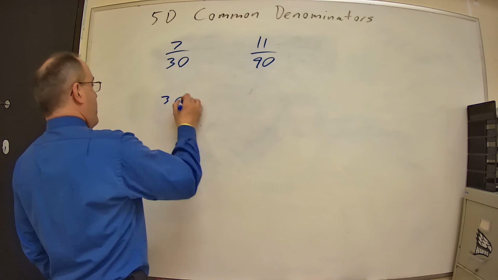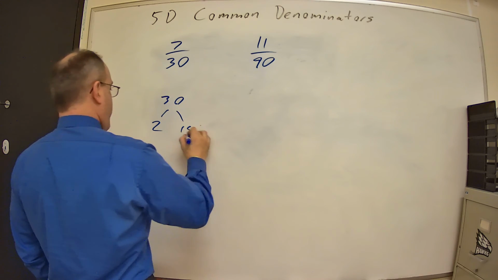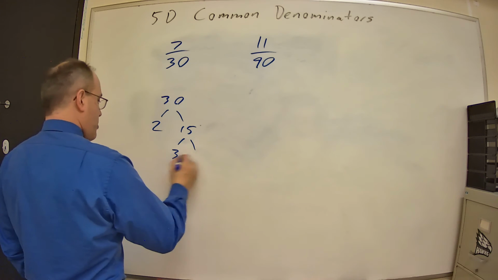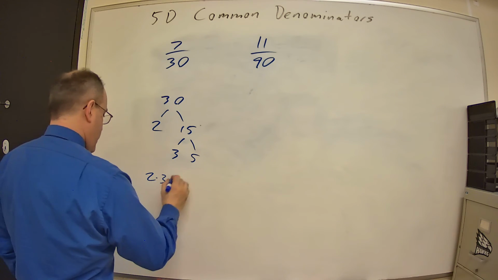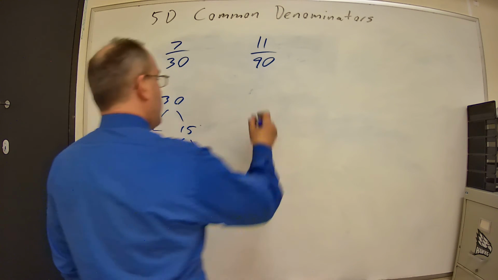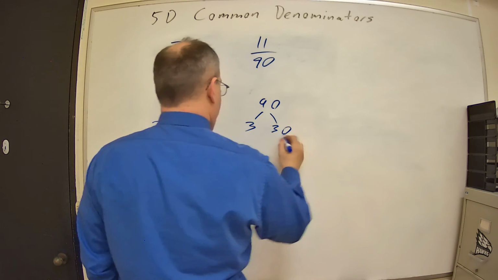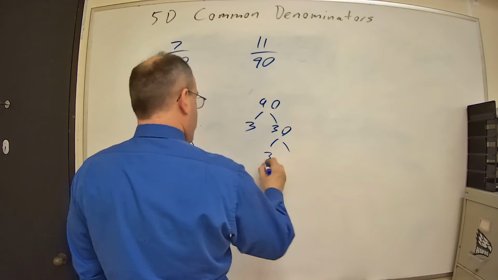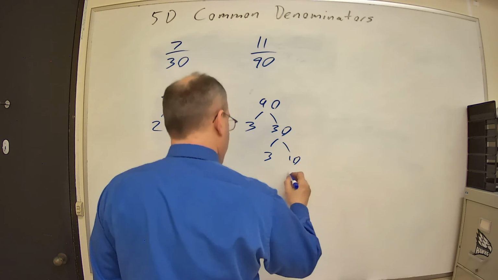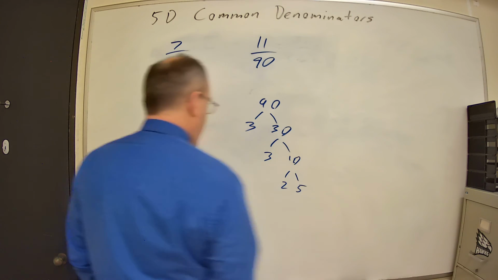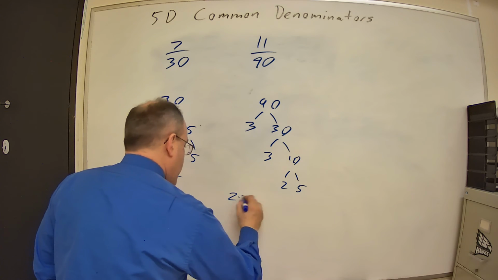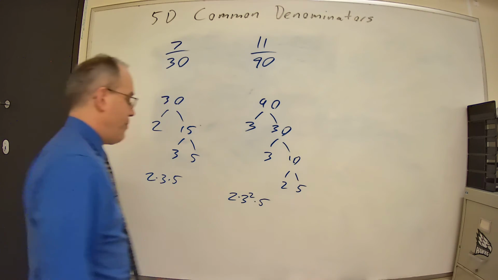Well, we take our 30, and that's 2 and 15. 15 is 3 and 5, so we have 2 times 3 times 5. We take 90, that's 3 and 30. That's 3 and 10. That's 2 and 5. Gives us 2 times 3 squared times 5.